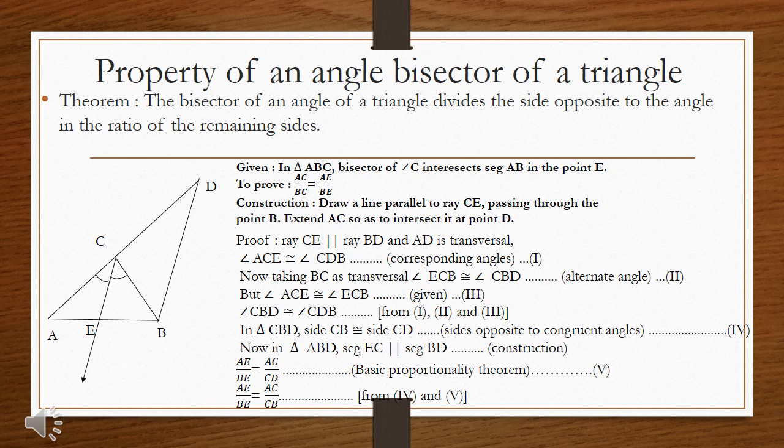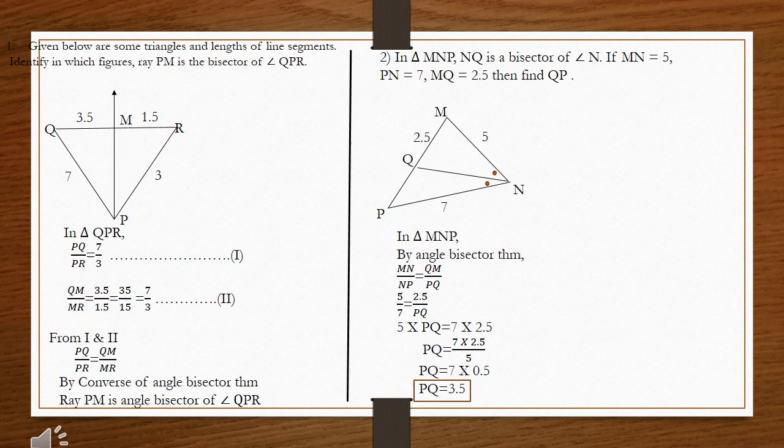Here we put in the fourth statement that side BC and side CD are congruent, so CD is replaced by side BC. So finally we get the ratio of sides AE upon BE equal to AC upon CB. Thus we prove it.